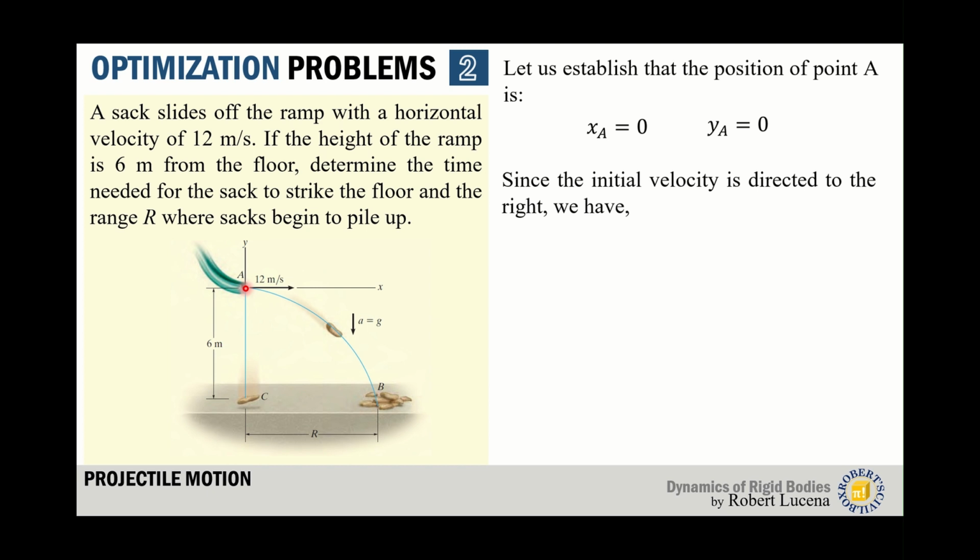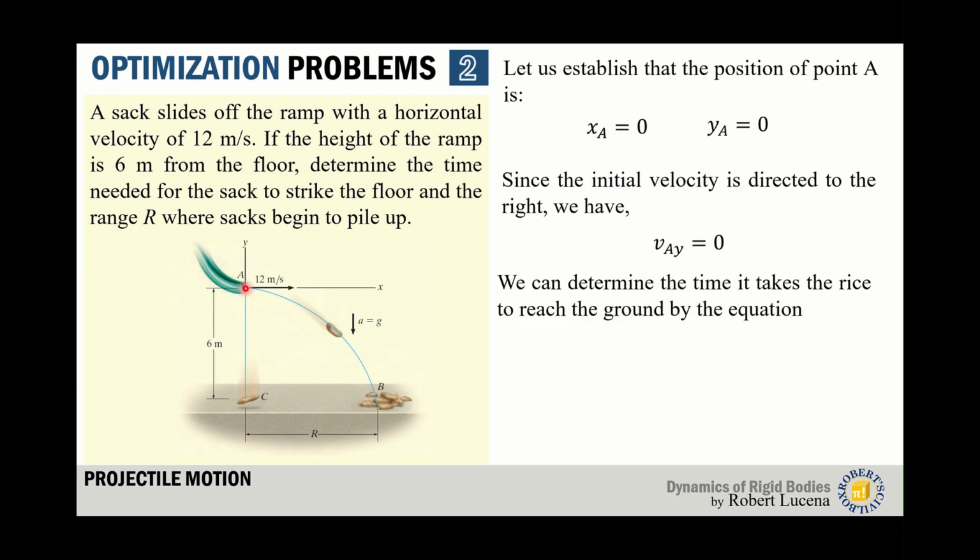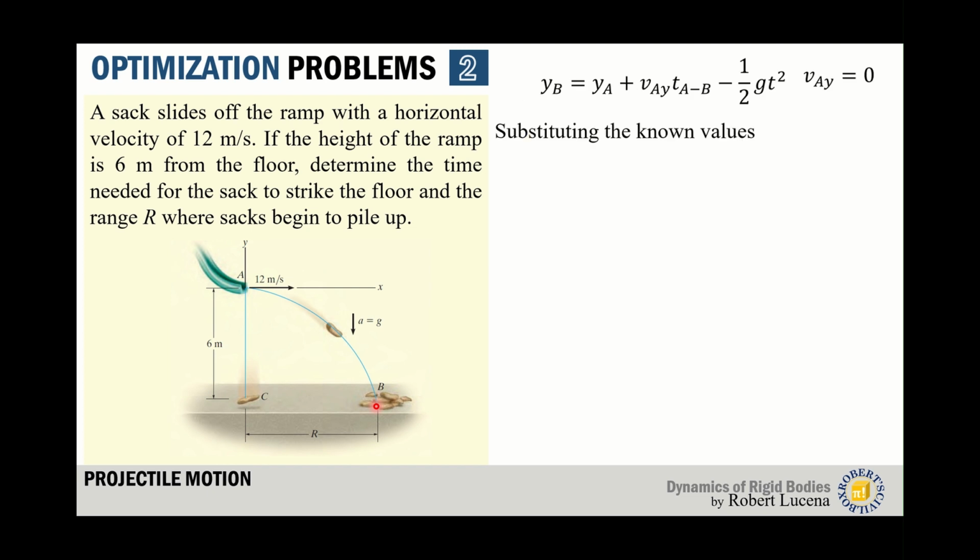Since the initial velocity is directed to the right, we have VAY equals 0. We can determine the time it takes to reach the ground by using this equation. We are using this equation since we know the position at point B, the position at A, and the initial y component velocity at A, and we can solve now for the time it takes from point A to point B. Let's substitute the values.